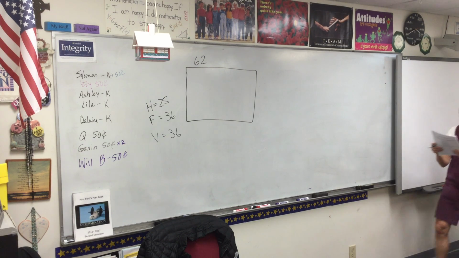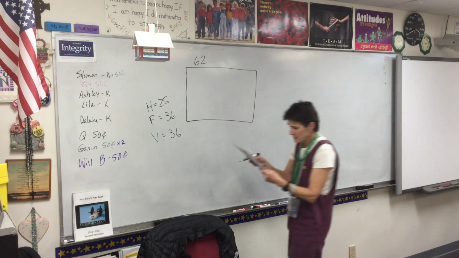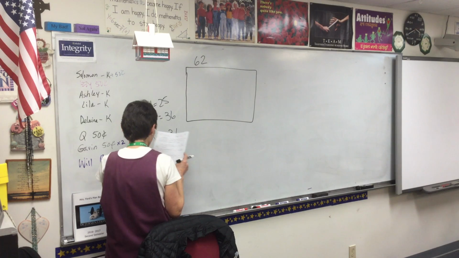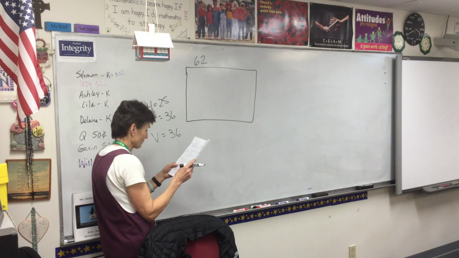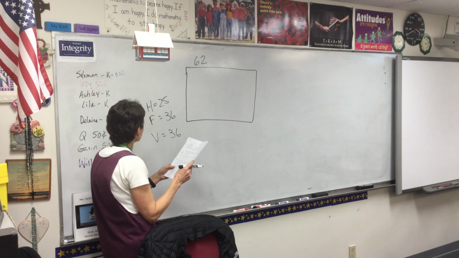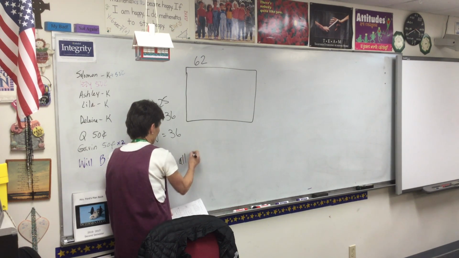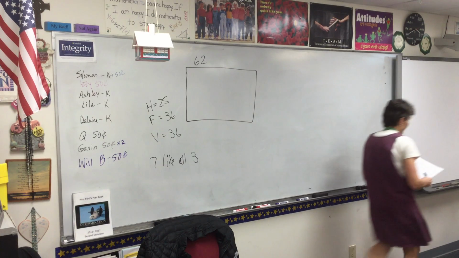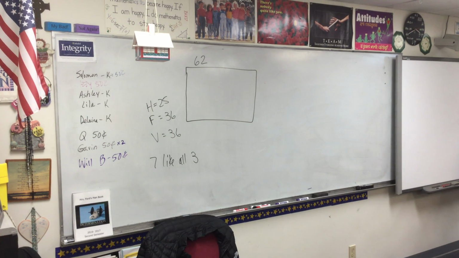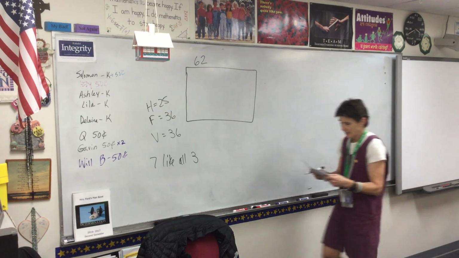Okay. All right, so another piece of information that we have to add to the problem is that 7 like all 3. That needs to be added in there. I left that out. Oh, I hope I didn't leave it off of all of them. But I bet I did.